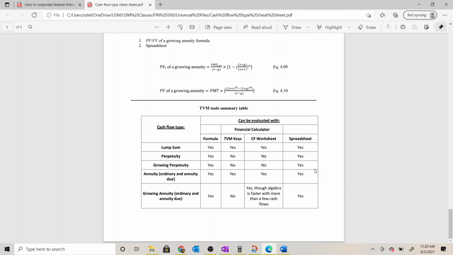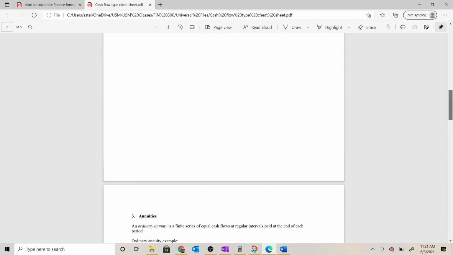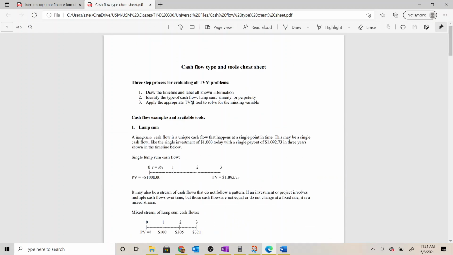We won't focus on the spreadsheet solutions in these videos, though, because typically that's not available to students on an exam, whereas the formula solutions and the financial calculator tool are available to students on the exam. So most of these videos are going to focus on just those solutions, whichever ones happen to be available for a given problem. Okay, so let's apply this three-step process.